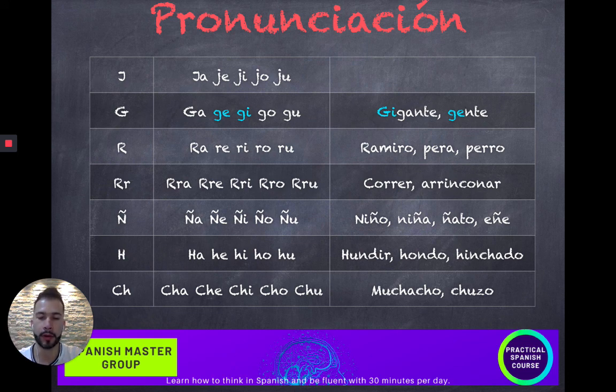So how do you recognize when to use J or G? You have to know the word, like gigante, giant, or gente, which is people. But there are some words that have a gi sound, and that only happens when you have a U in between.